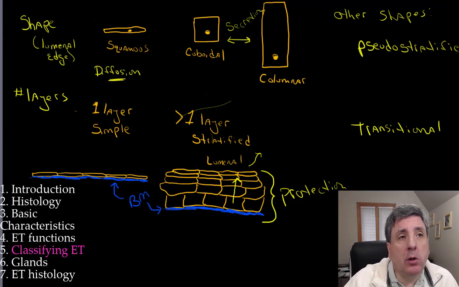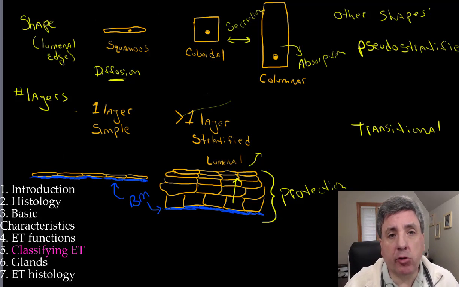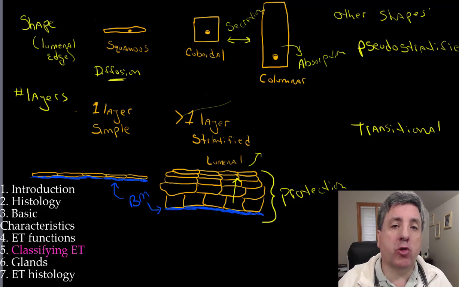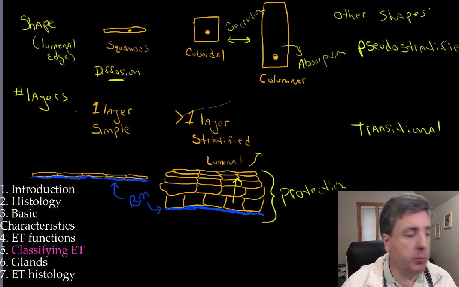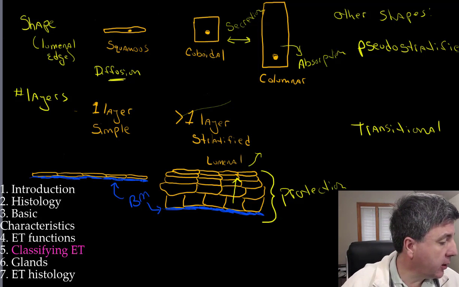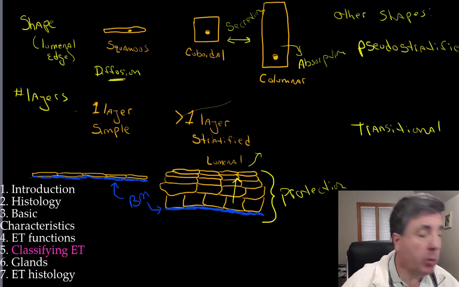In addition to secretion, the columnar is also well designed for absorption. Okay, so you're going to find those in your digestive tract, where you're absorbing nutrients through the digestive organs. So I believe that covers anything else I want to cover for this. Nope, I think that covers it.